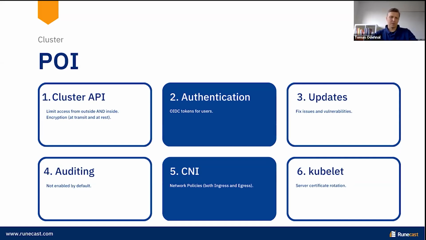I'm not sure about the current state, but I remember, for example, WeaveNet or Calico support network policies in both ways. Let's discuss why both ways. So you want to secure the traffic that is coming to the cluster, that is coming to the pods. So for example, you can have a network policy that will limit the traffic flowing to the database, and it can be limited to a specific service that is running in the same or in other namespaces.